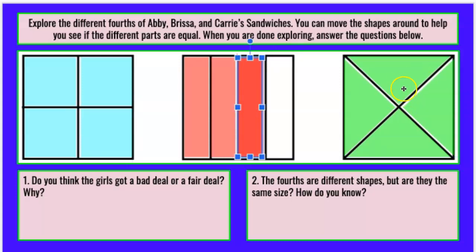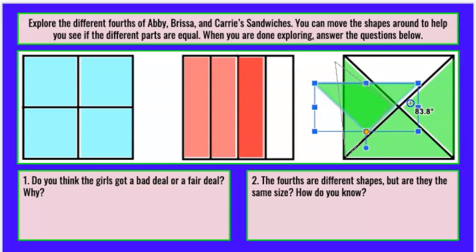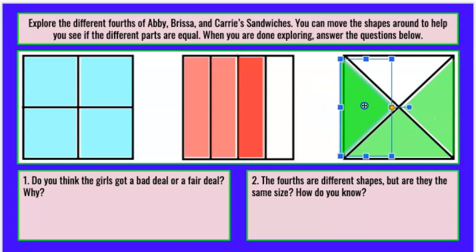Can I stack up the 4 parts of Carrie's sandwich to see if they're all the same size? And if they're all the same size, does that mean that the triangle actually has the same amount of area as the rectangle? Does that mean that the square has the same amount of area as the rectangle and the triangle? That's a question for you to answer, for you to explore.